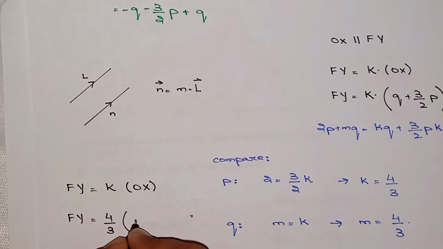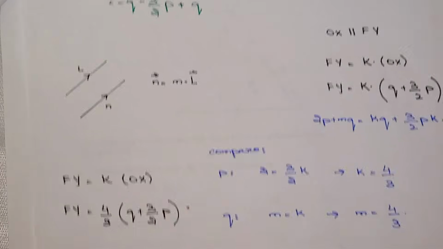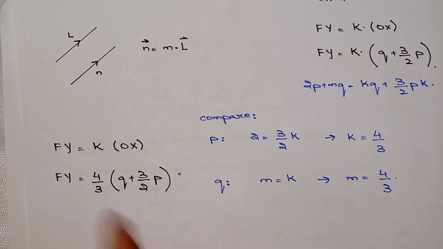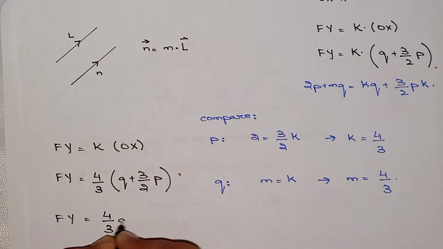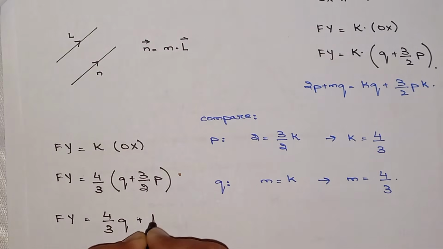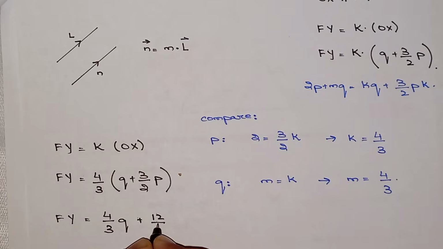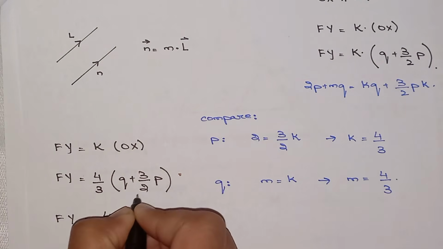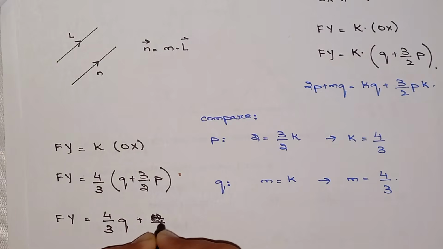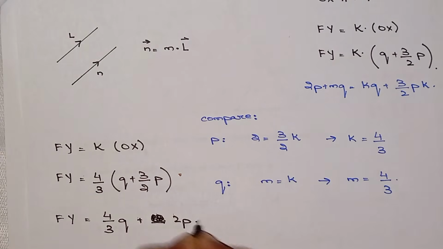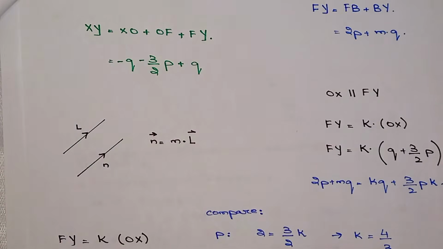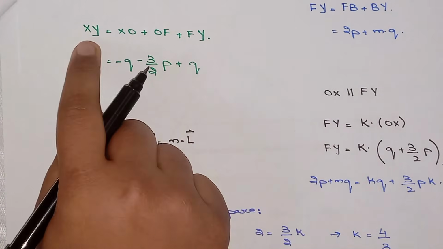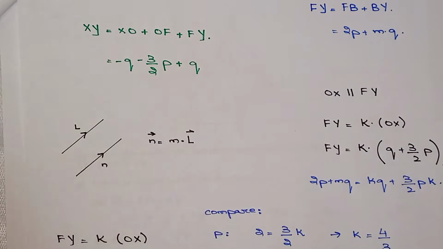So this would be equal to Q plus 3 by 2P, right? So FY would be equal to 4 by 3 Q plus 4 times 3 is 12. Or we can cancel, 3 gets cancelled with 3, 2 times 1 is 2, 2 times 2 is 4, 2P. Yes, this is FY.